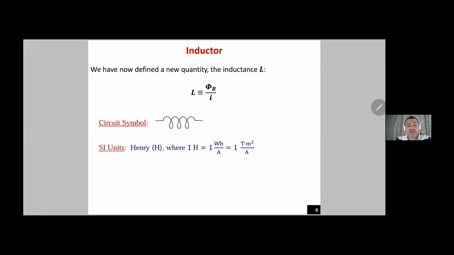So 1 Henry is basically 1 Tesla meter squared per ampere. And this is the circuit symbol for the inductor. I is the current that is going through the inductor.